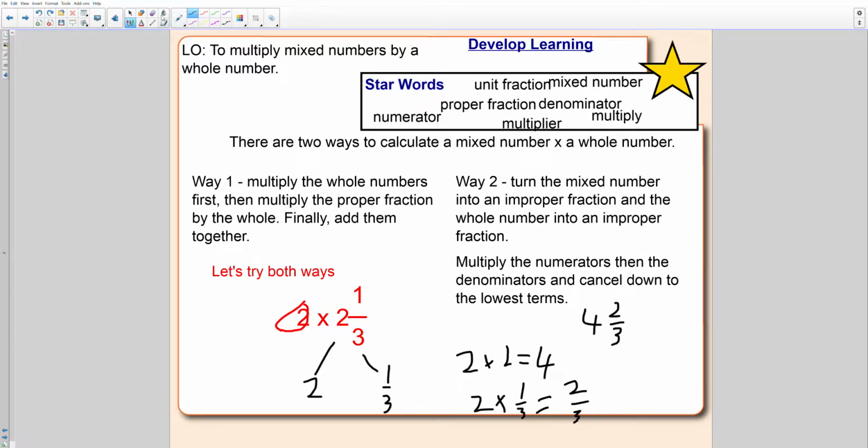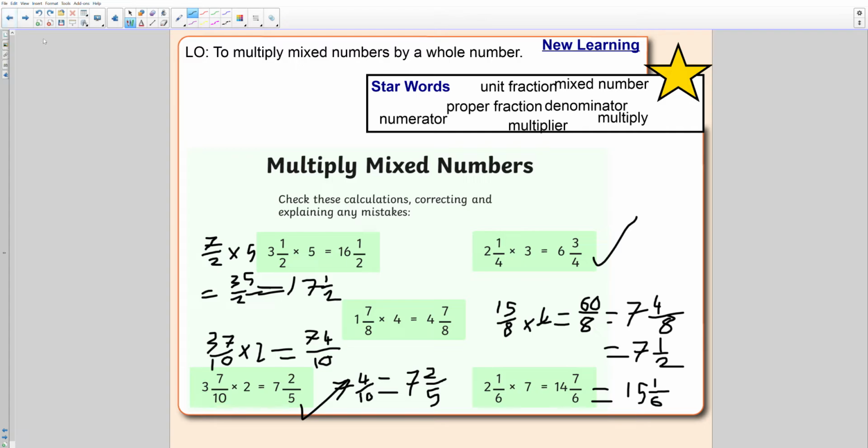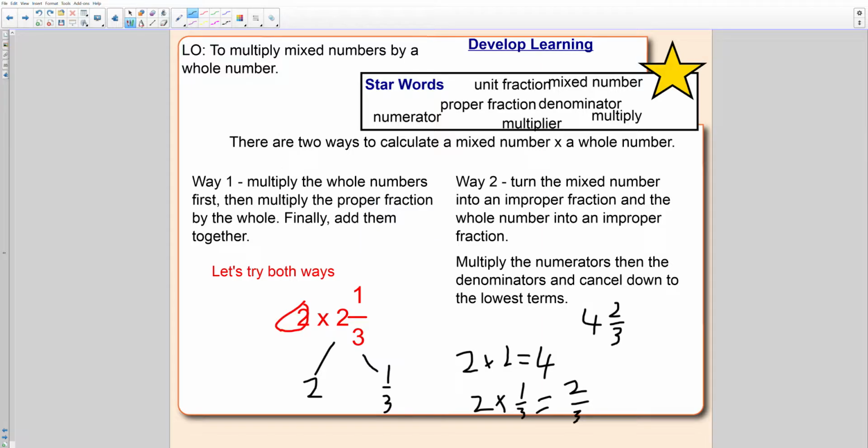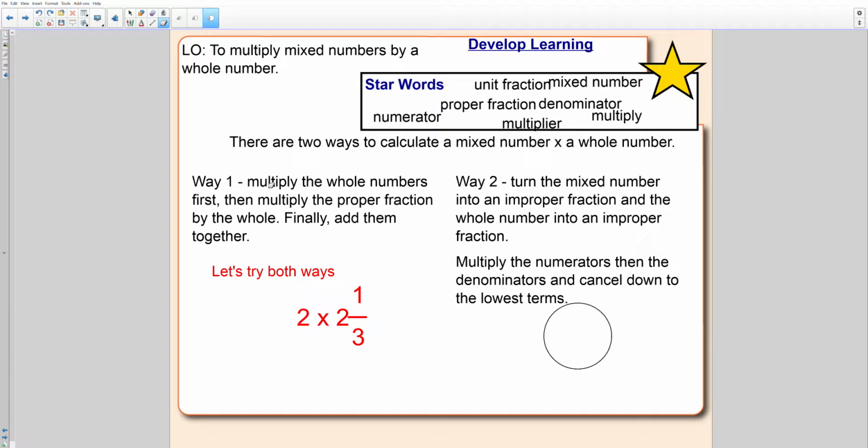And this works here. What we want to do is we want to avoid coming to problems like this, where we end up with a big number and we end up with an improper fraction. So instead what we can do, and this is the way I prefer to do it because it always works, is to change the 2 and 1/3 into an improper fraction. So in this case we'd say 2 times 3 is 6, plus the 1 is 7, so that's 7/3.